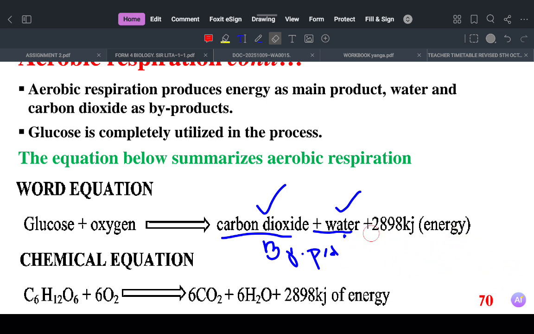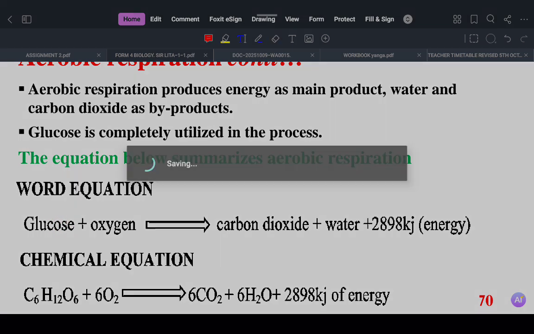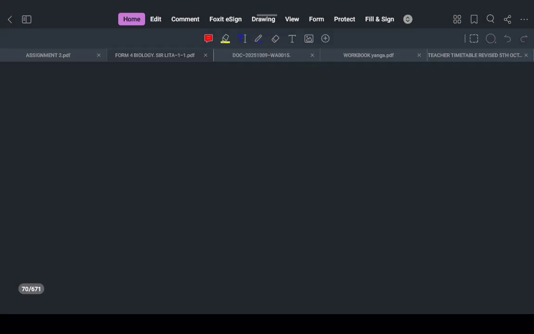The main product is the energy, and the byproducts are carbon dioxide and water. So in this case, glucose and oxygen are basically the raw materials.